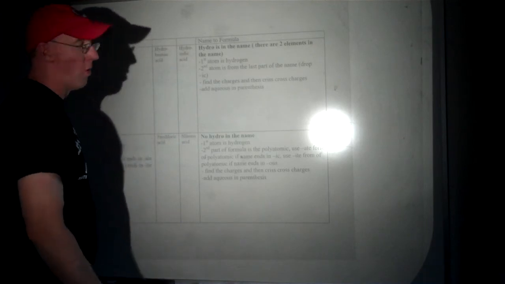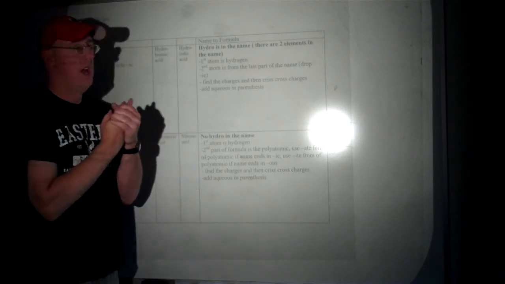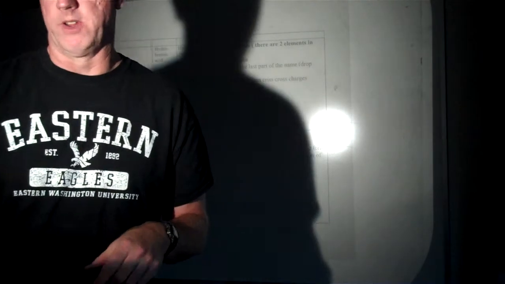Crisscross, so 1-to-1 ratio, HNO2. So again, those acids are kind of goofy, and you're going to see a few of those on your homework. So again, if you need to, come see me. Look at the link on naming acids on my webpage, or do a little Google search on naming acids. Let me go ahead and put up the answers to those, if you had worked on those other ones, and then we'll finish up.